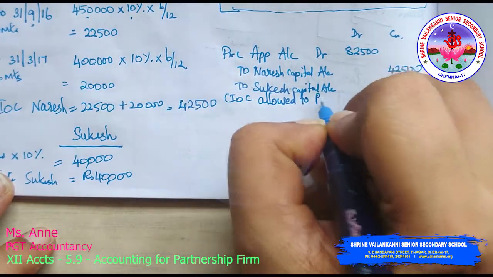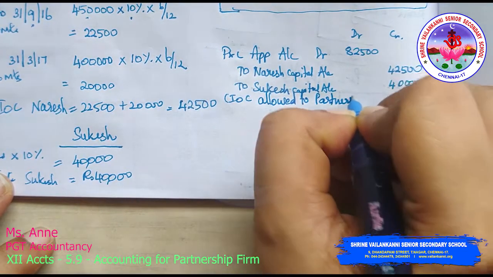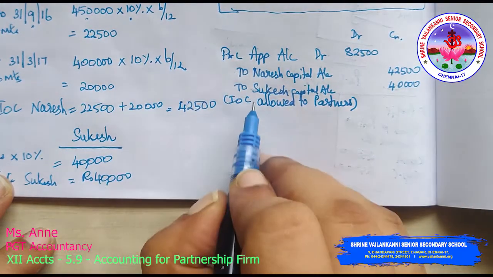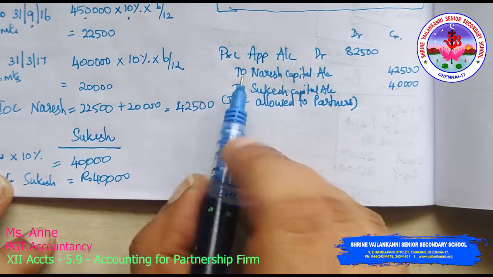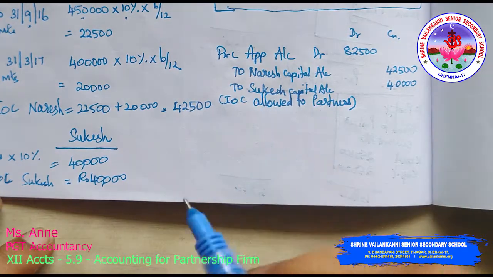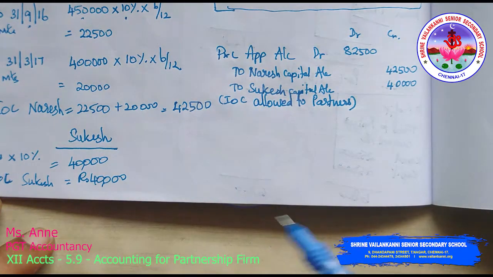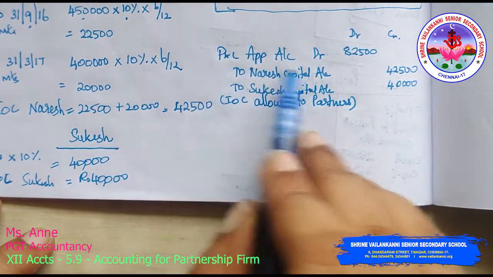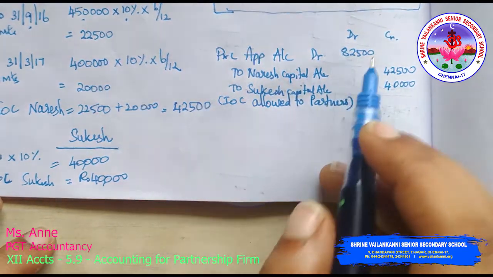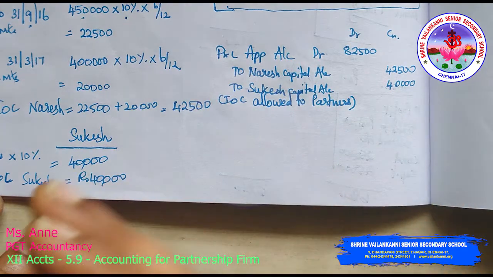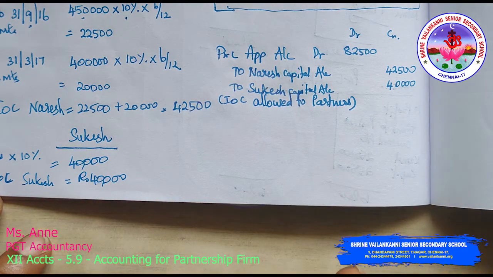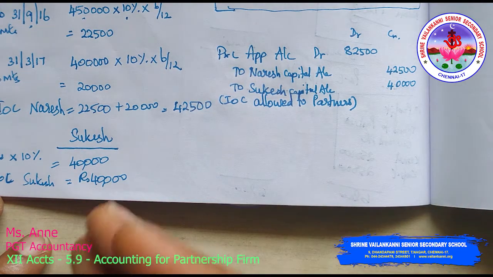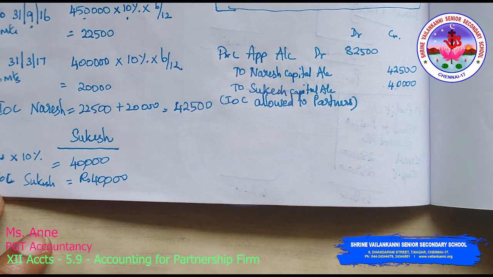This is interest on capital allowed to partners. See, interest on capital is an expense, like a loss to the firm. That's why you are debiting the P&L account. So we have these 2 entries: interest on capital to partners' capital account, then profit and loss appropriation account to interest on capital account.